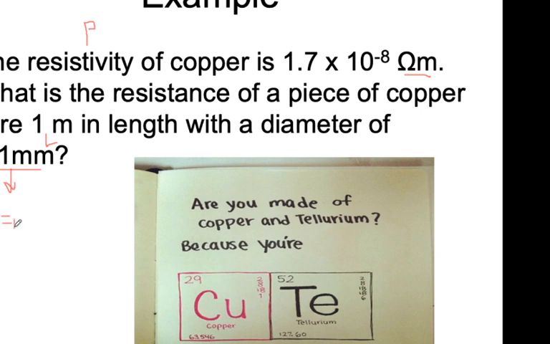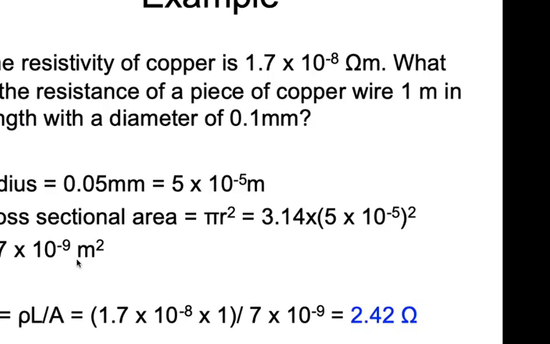So not the most difficult mathematical question you've seen. Everything's given to you. You just have to pull it into the correct units and chug and plug, essentially. Put everything in and calculate it out. So radius of this would be half the diameter. We're going to convert it to meters, so 0.5 times 10 to the negative 5 meters.